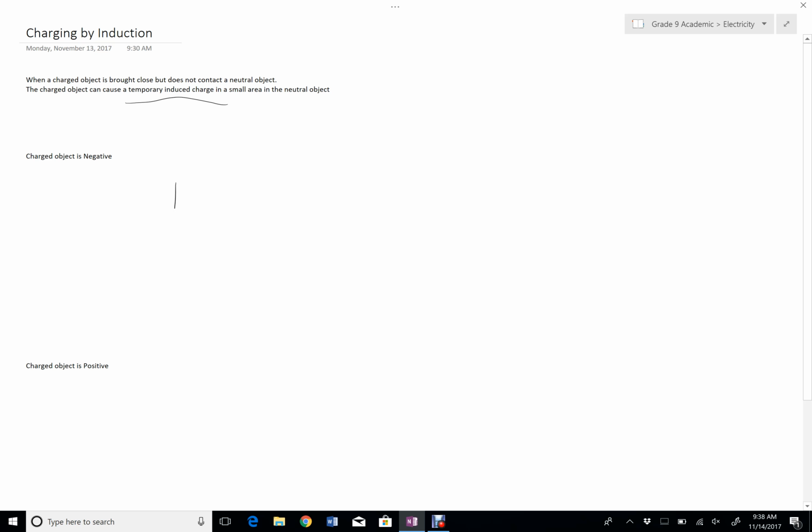So imagine, for example, that I have some object that is negatively charged. You'll notice all the extra negatives up here, and we bring that near some object that is neutrally charged.